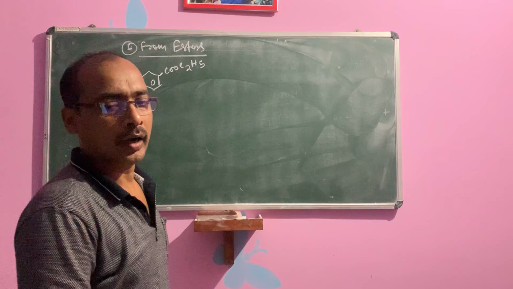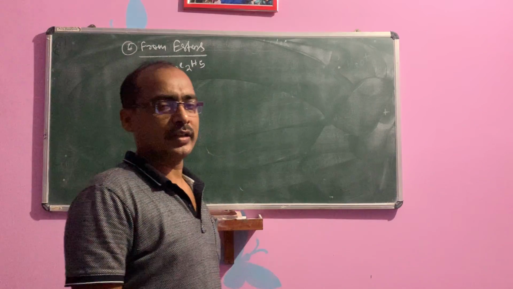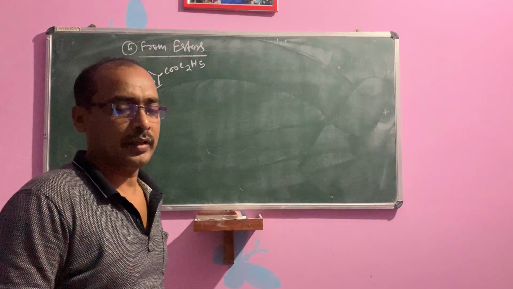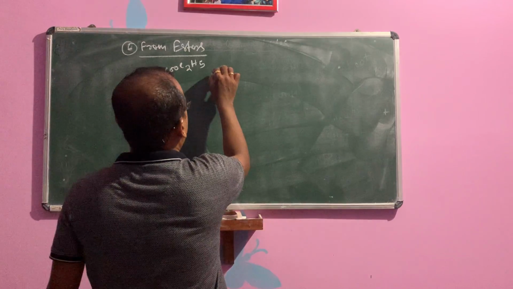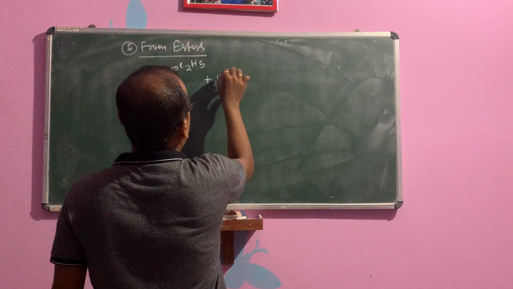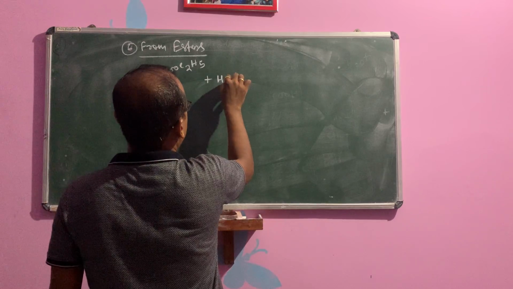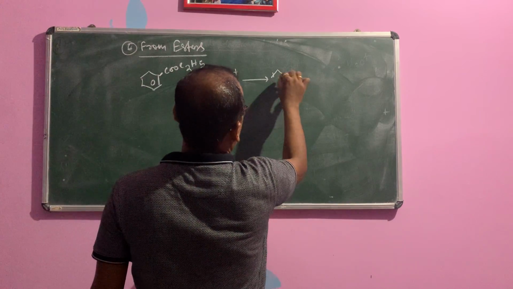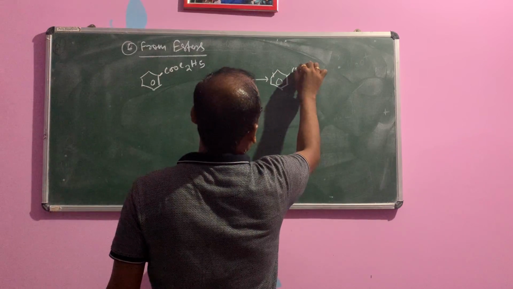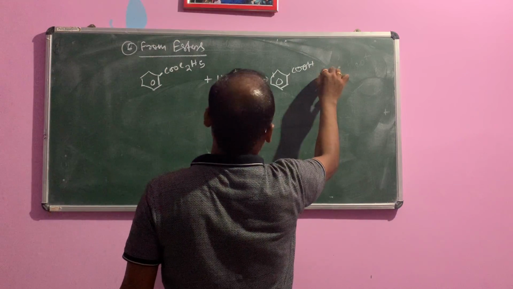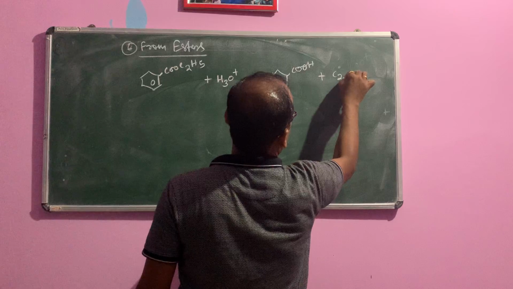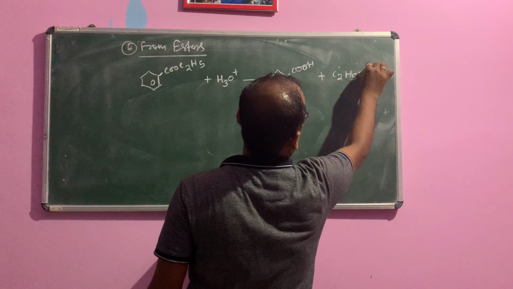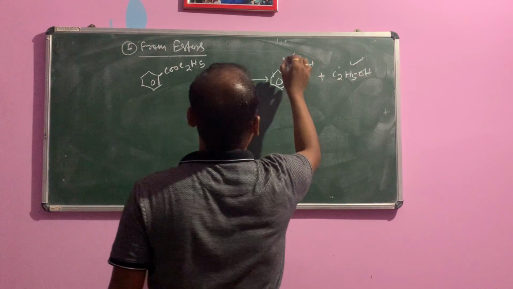When it is hydrolyzed with acid, H3O+, it will form benzoic acid, COOH, plus C2H5OH, alcohol.